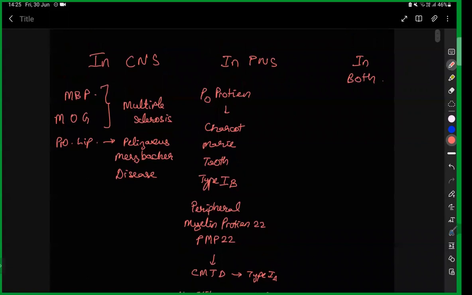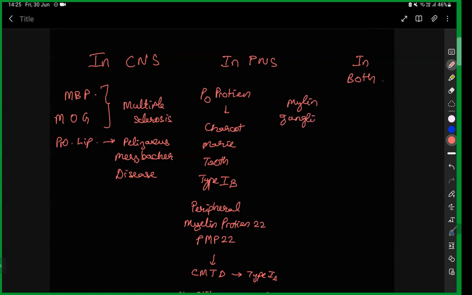Now, coming back, in both the central nervous system as well as the peripheral nervous system, you will have certain myelin proteins. Number one, myelin ganglioside.